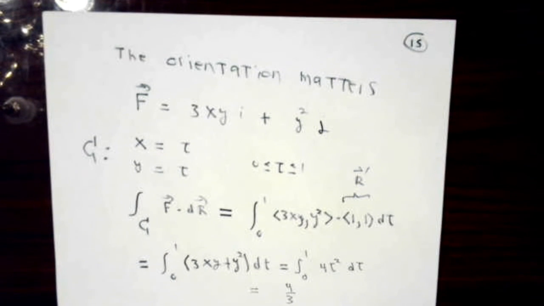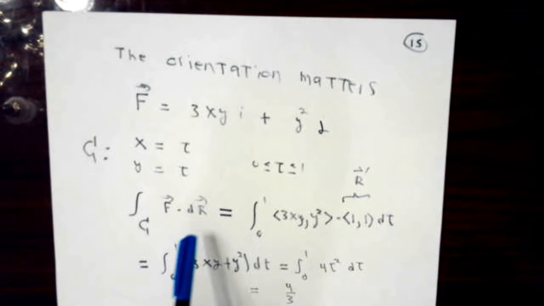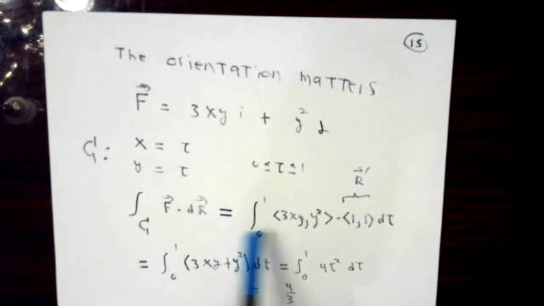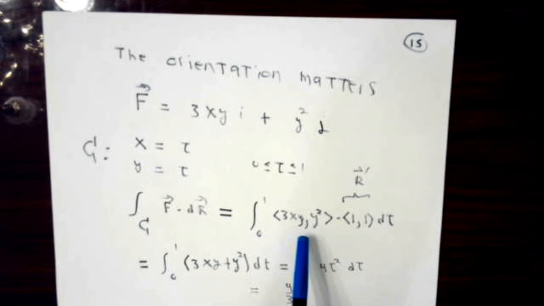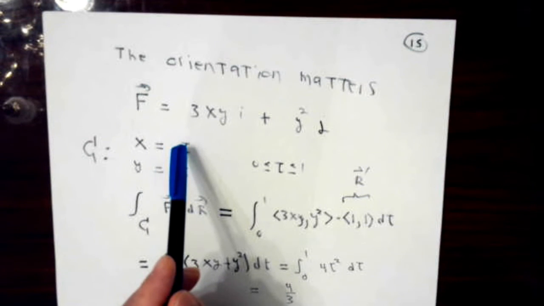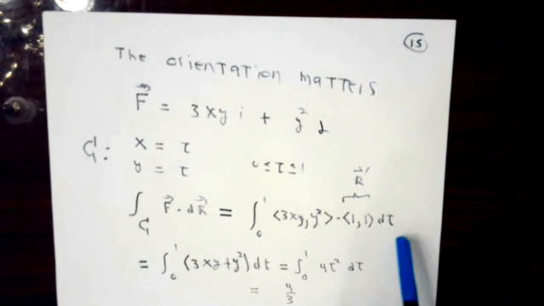If I use the setup that we have described, then the line integral is going to be the integral of f dot dr, which is the integral of the dot product of the force vector with the velocity vector, derivative of t is 1, integrated with respect to t.